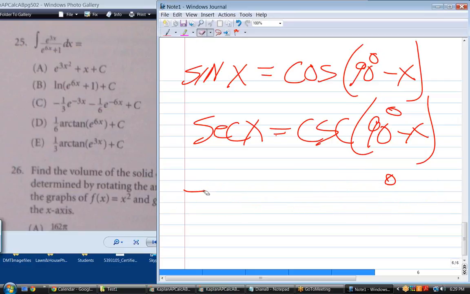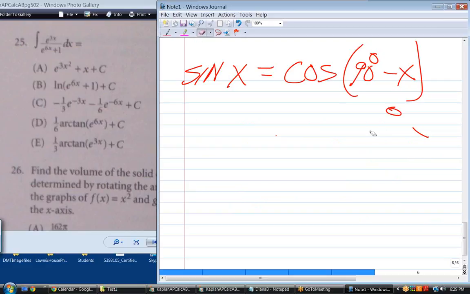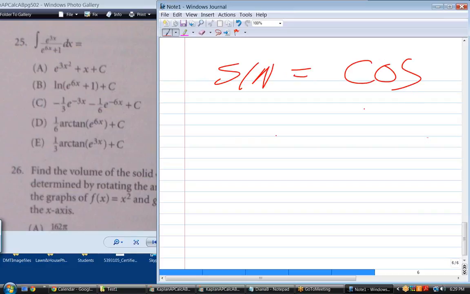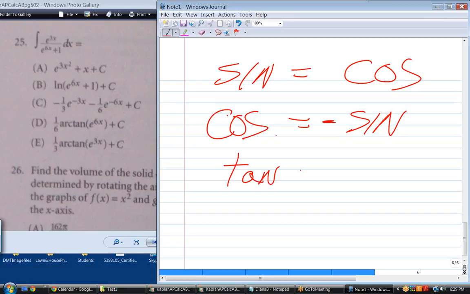But the cofunctions are the ones you want to remember when you're doing derivatives. Notice that the derivative of sine is cosine. The derivative of cosine is whatever the cofunction of that is, well, that's sine, but with a negative sign. Derivative of tangent is secant squared.